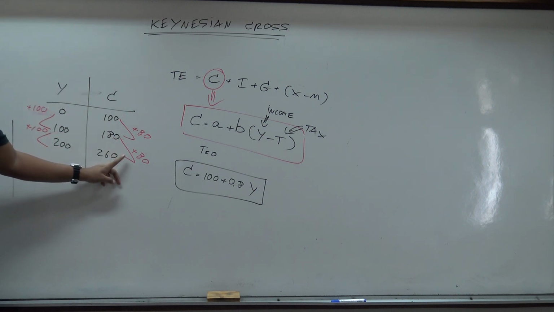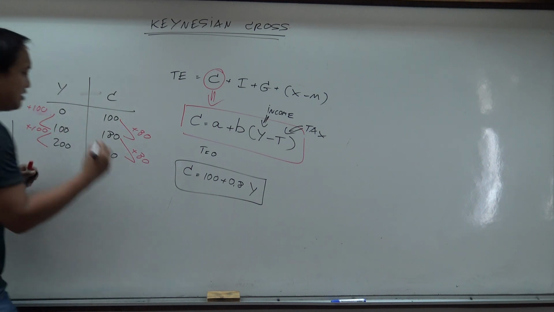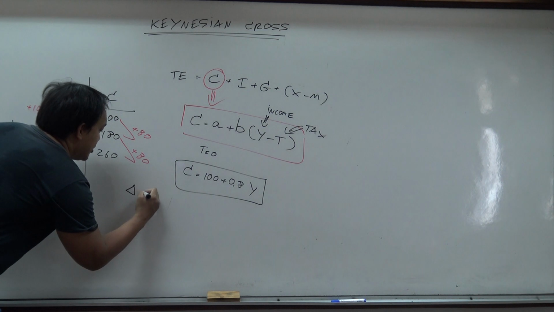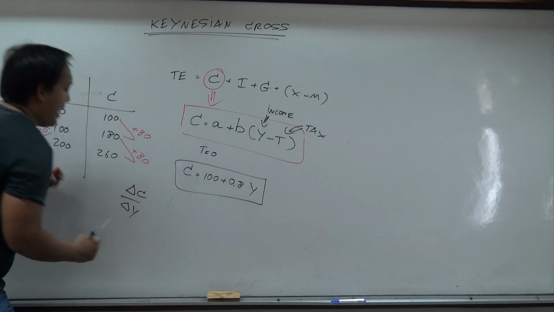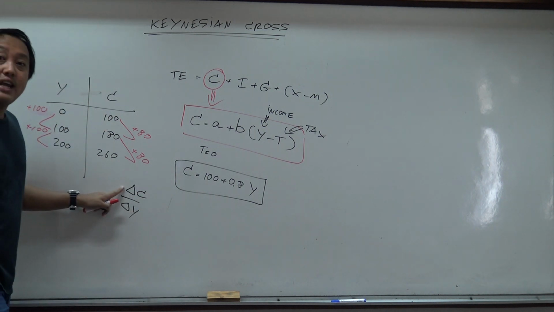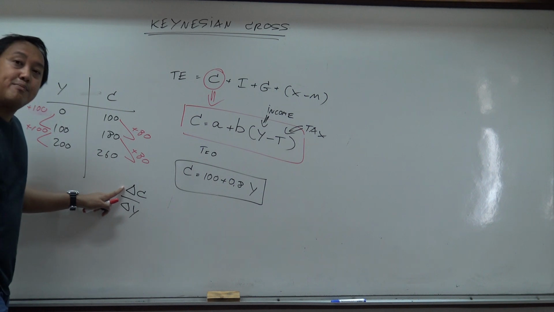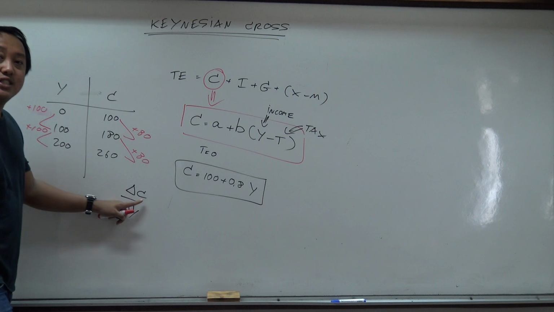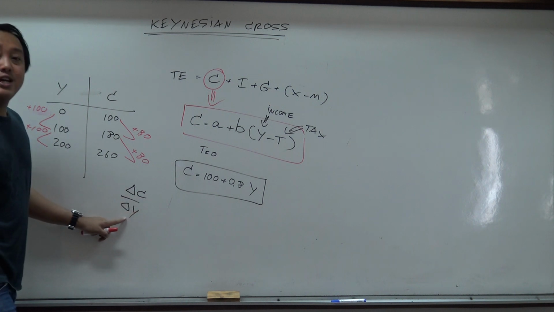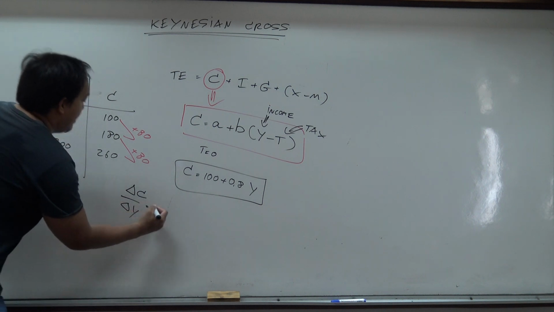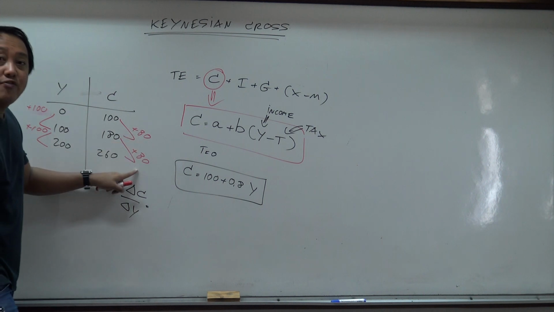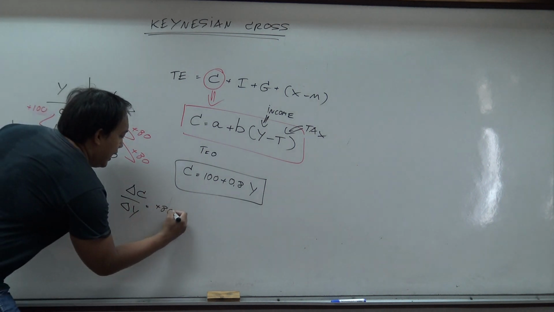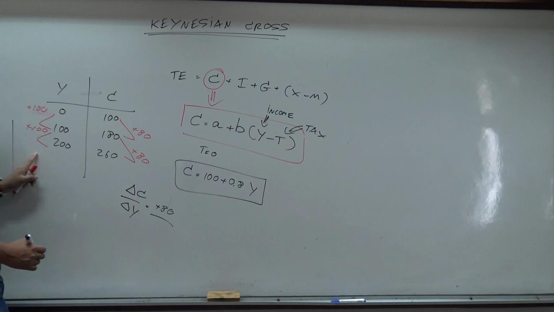So what this means is delta C over delta Y. In mathematics, delta means change: the change of consumption over the change of income. Consumption always changes by 80 when income changes by 100.